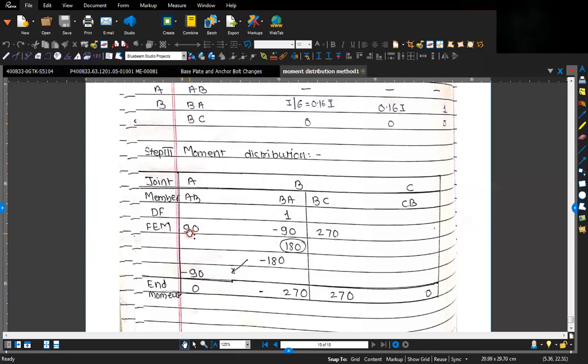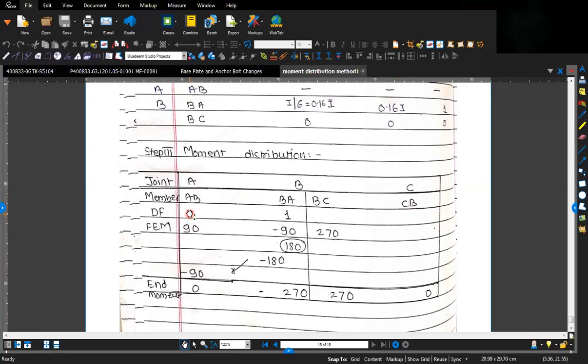Then fixed end moments, write them according to their sign, and if a moment is not present at any part of the member, like here CB, don't put 0 over here, to avoid any confusion. Just keep a blank.